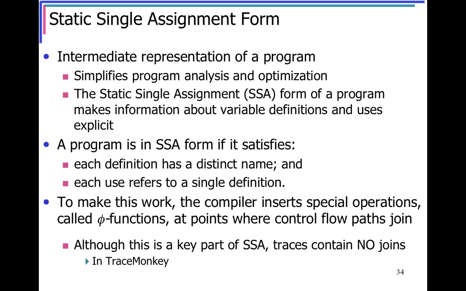The other thing that's interesting about this paper is that the LIR, the intermediate representation, and the optimizing compiler assume an intermediate representation that's based on what's called the static single assignment form, or SSA form. This is a well-known compiler optimization format that's been used for decades in static compilers.